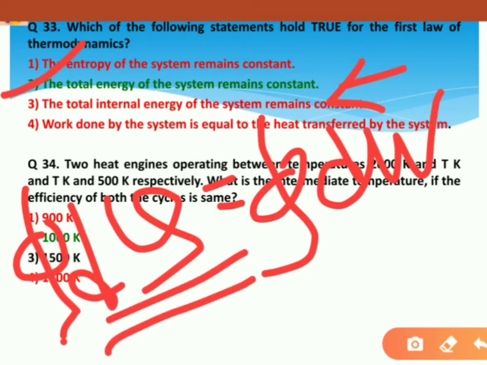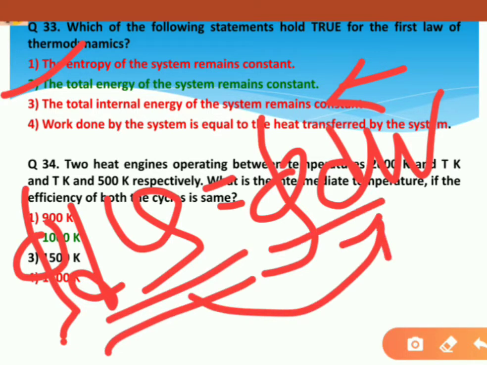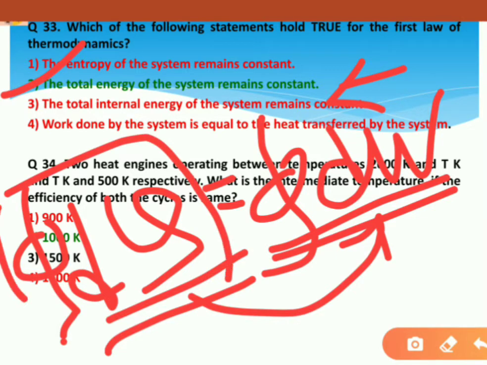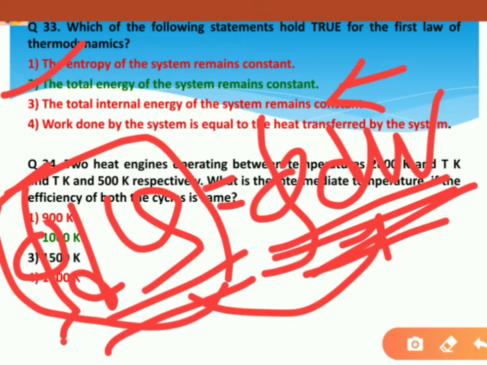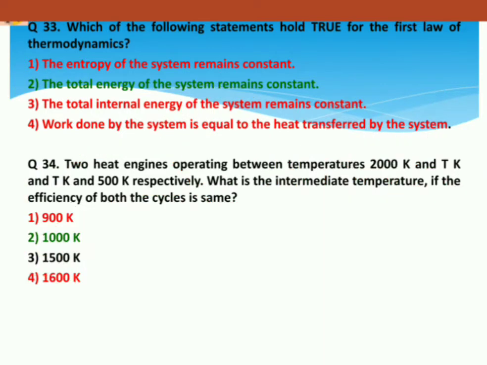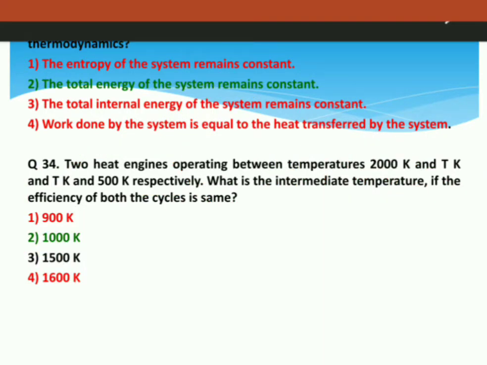Heat will convert into work, and it will also contain some losses as well as some available energy. So conversion of one form to another form is possible, but the total energy will remain constant. So let's proceed to the next question 34.